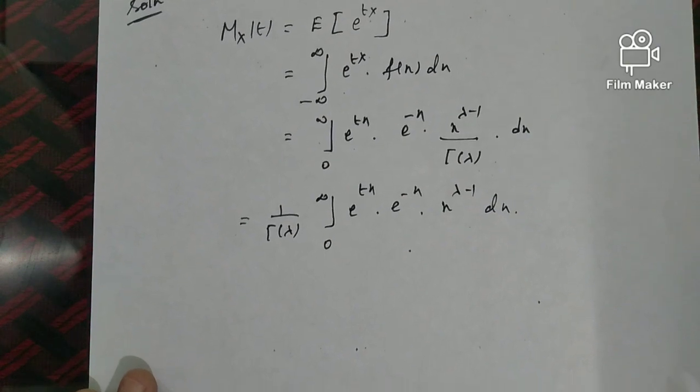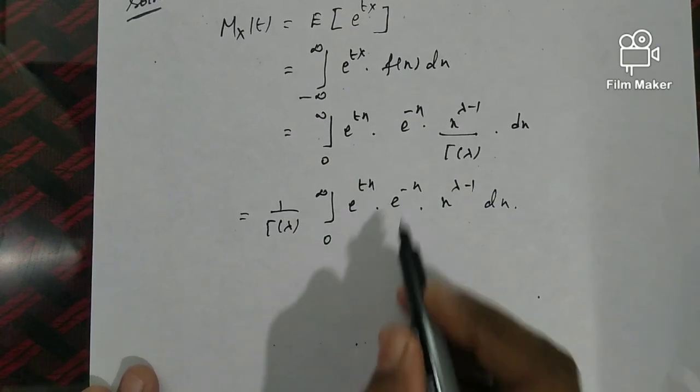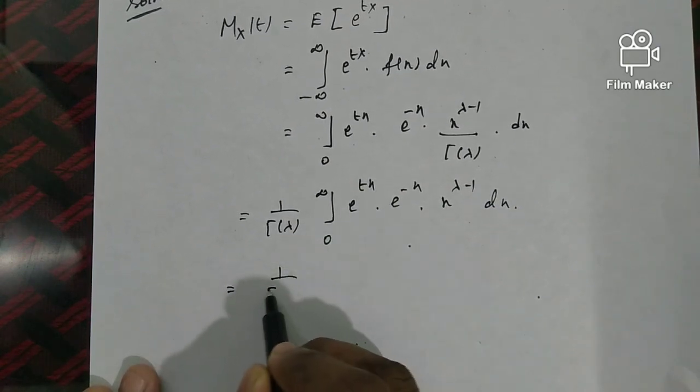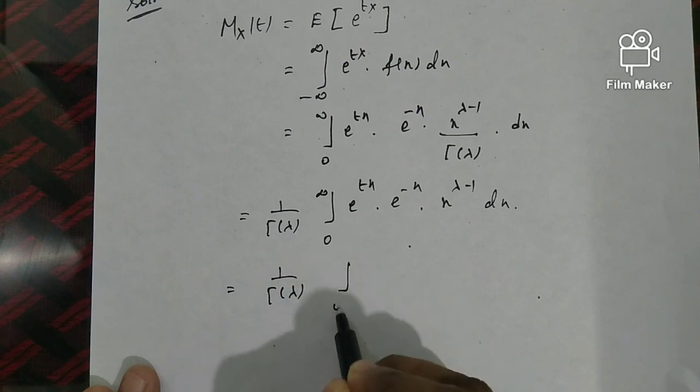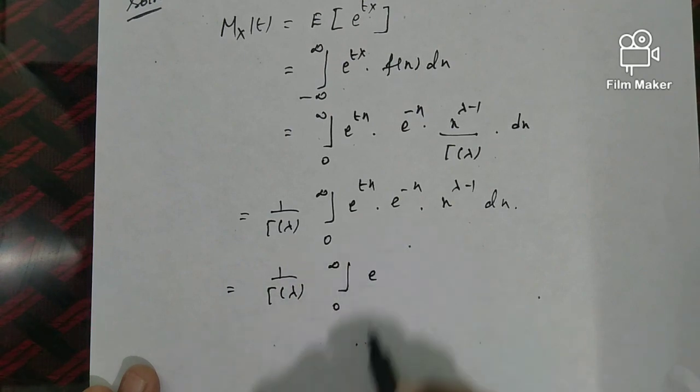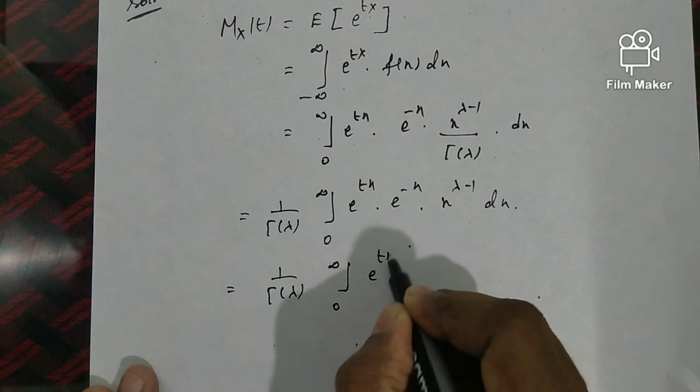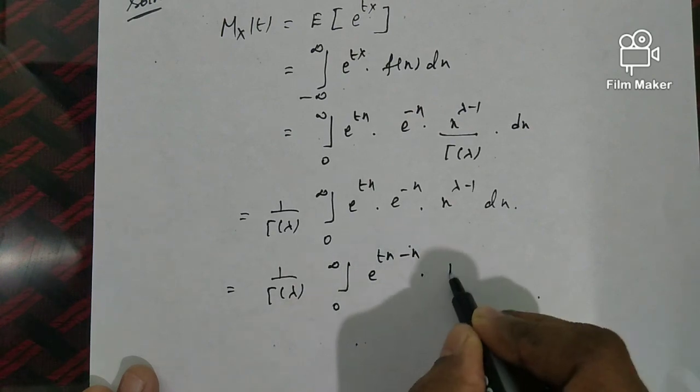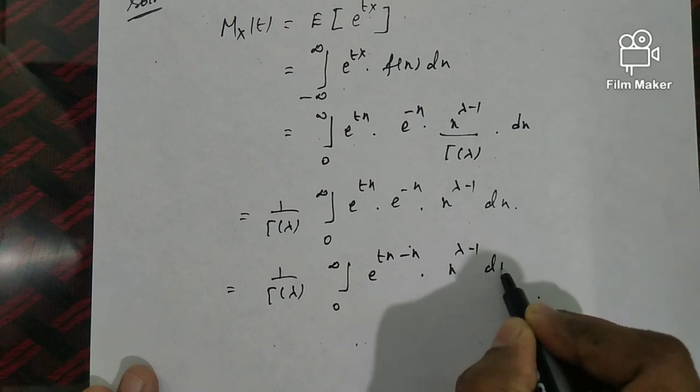Okay. Here we have e power tx and e power minus x. So, this can be written as 1 by gamma of lambda integral 0 to infinity e power tx minus x, into x power lambda minus 1 dx.